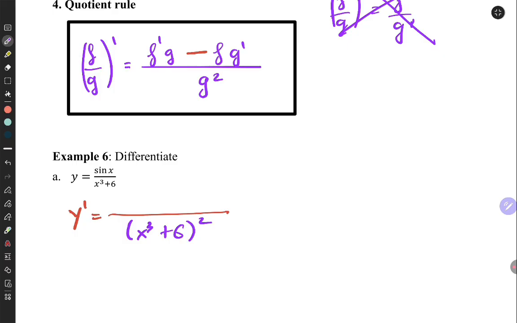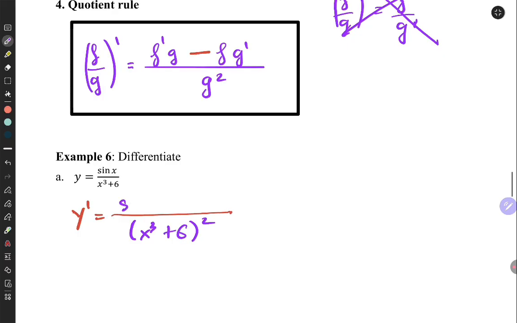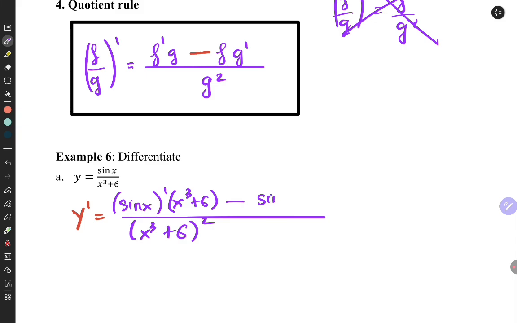F prime. So the top is f. I want the derivative, F prime g minus f g prime.